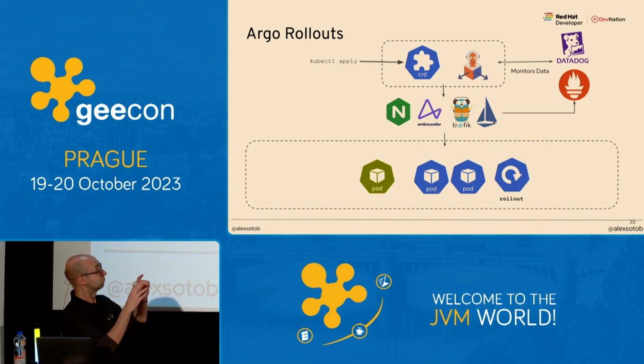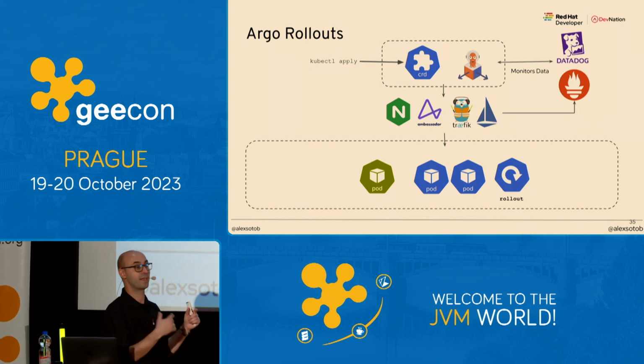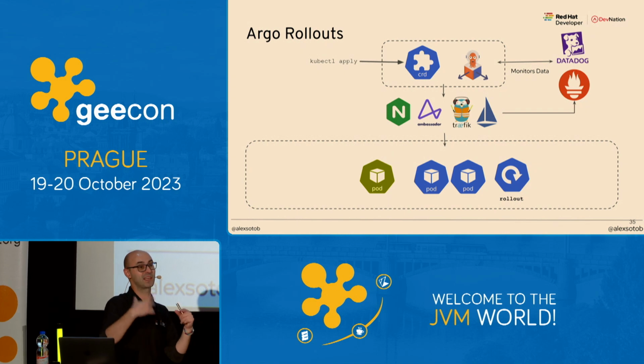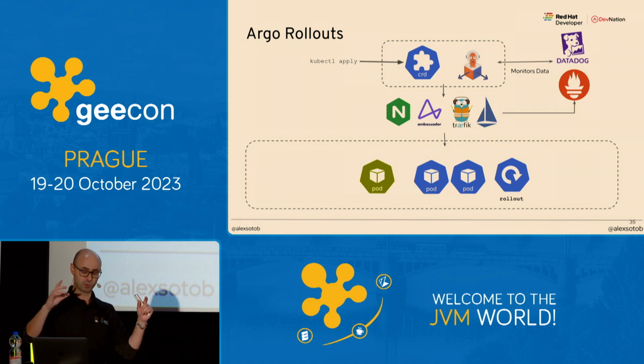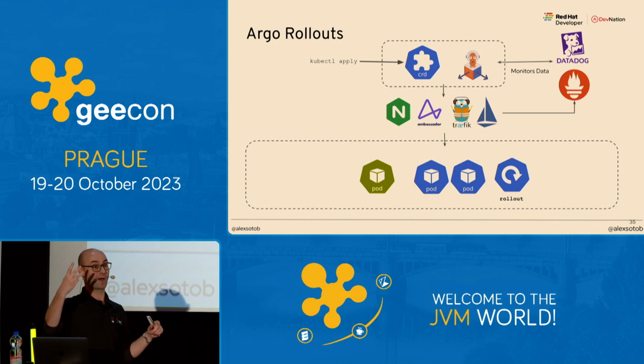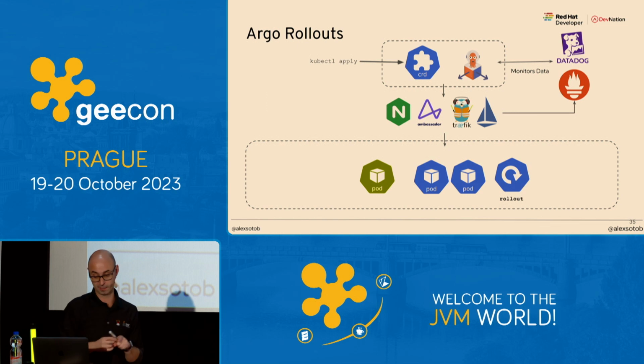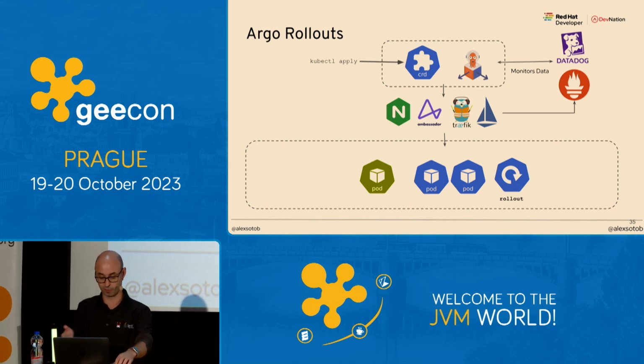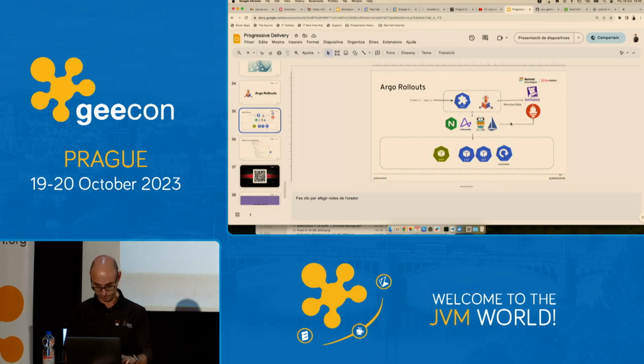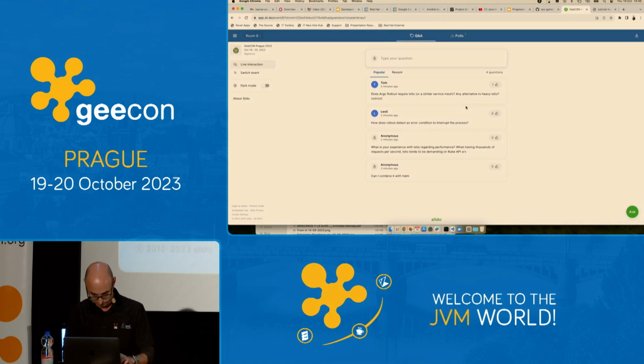You can even use none of them, but then you get canary scaling. For example, if I want 75-25, it scales 3 pods of version 1 and 1 pod of version 2. But it's not only Istio, it supports all of these technologies.